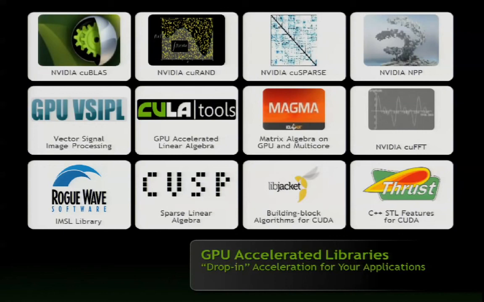So for many of the very basic algorithms, there are libraries that you just plug in and they run on the GPU. Then there are more specialized ones, like a image processing library, and commercial ones as well. So there's a zoo of libraries out there. Before deciding to write a lot of code yourself, please have a look at these different libraries.